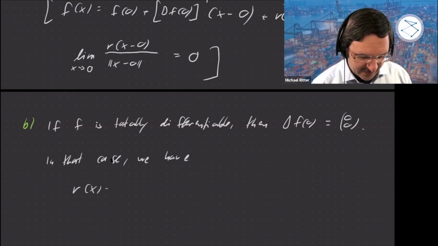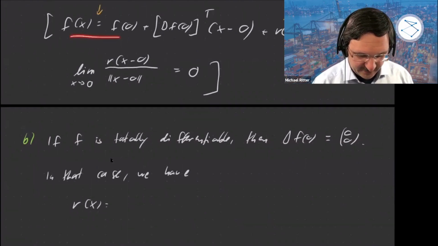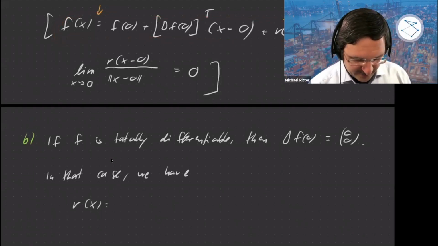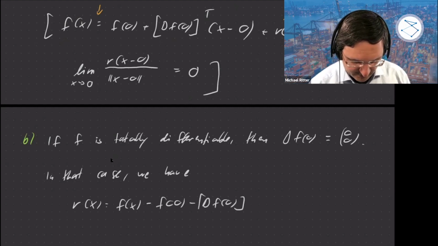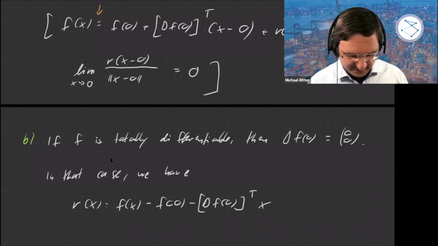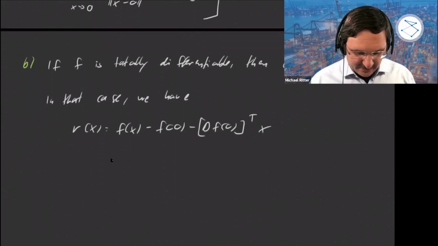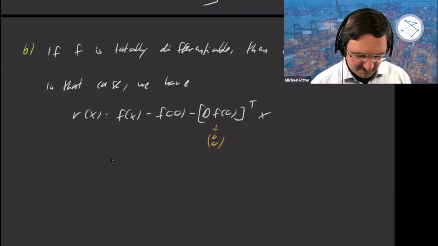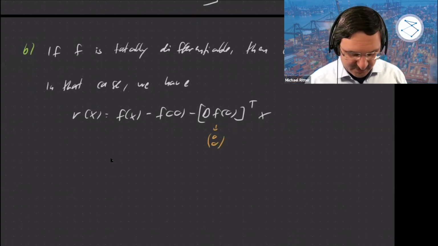So the remainder at x, if you look at this line here, you can see that remainder. The remainder is then given as f of x minus f of 0 minus df 0 transposed x minus, well, just x. So minus 0 is, of course, x. And when we know that this here is the 0 vector, so 0 transposed x is going to be 0.